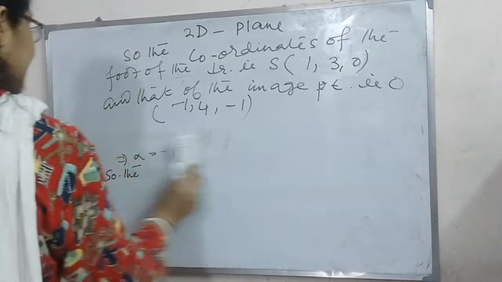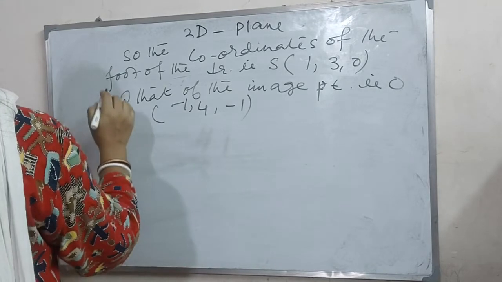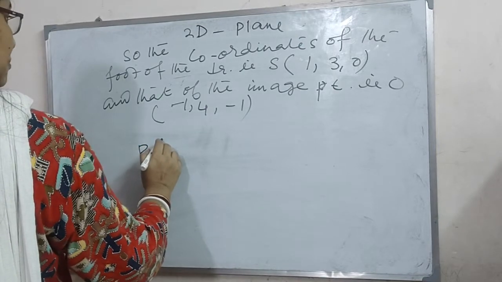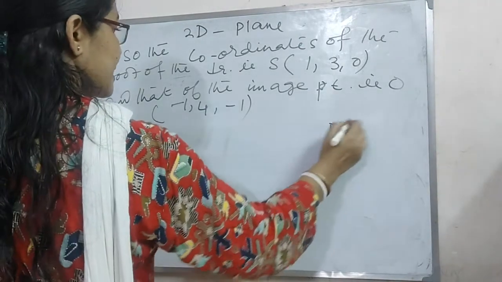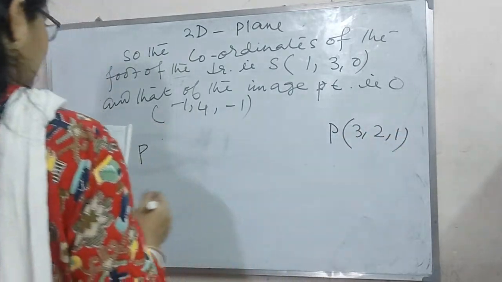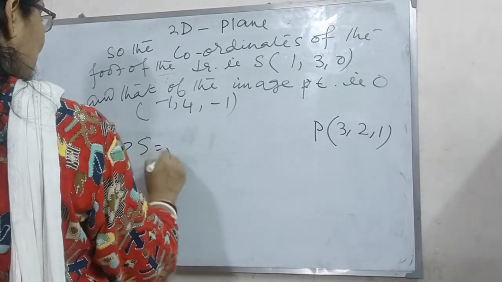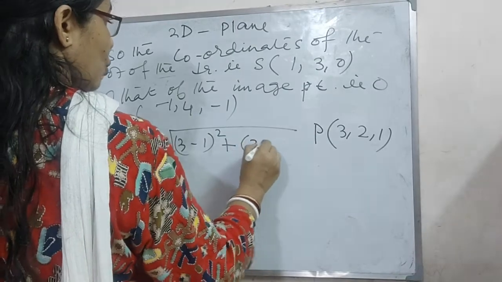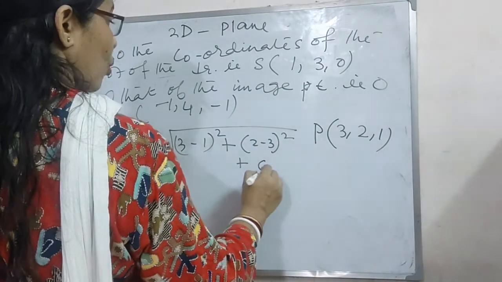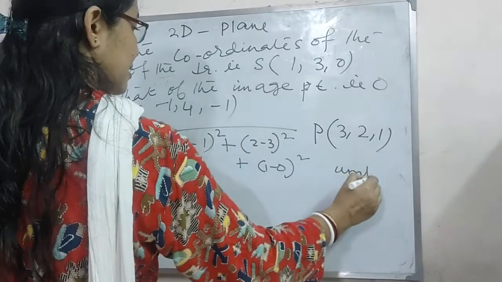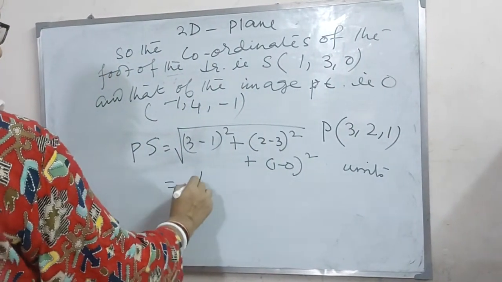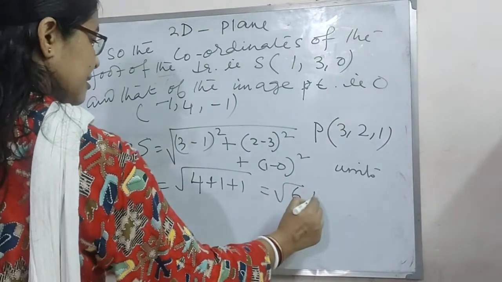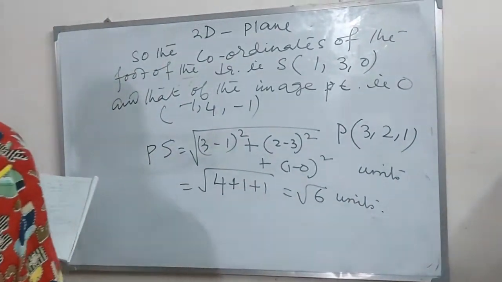And the distance from the point P(3, 2, 1): PS equals root over (3 minus 1) whole square plus (2 minus 3) whole square plus (1 minus 0) whole square units, which is equal to root over 4 plus 1 plus 1, that is root 6 units.